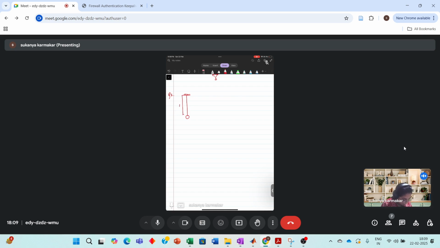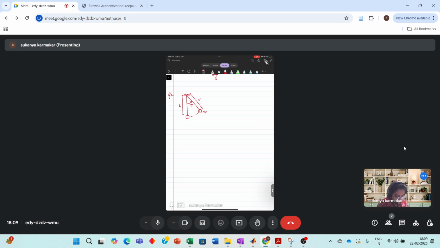Its length is L. I move it up here. The mass is M. Let's assume that the string is inextensible, meaning the length of the string does not change. This length remains L. I move it by theta.